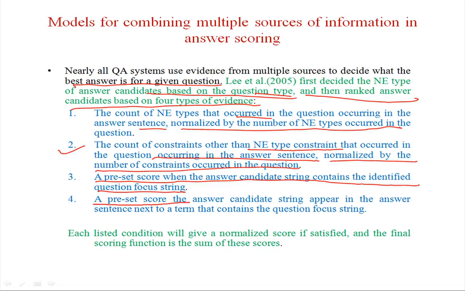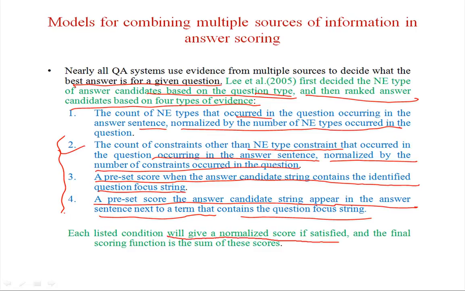Fourth, a preset score when the answer candidate string appears in the answer sentence next to the term that contains the question focus string. So all these 4 factors are combined and utilized for ranking the answer. Each listed condition gives a normalized score if satisfied, and the final scoring function is the sum of these scores.